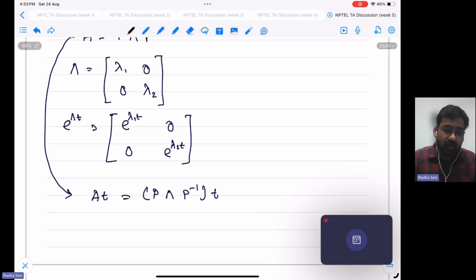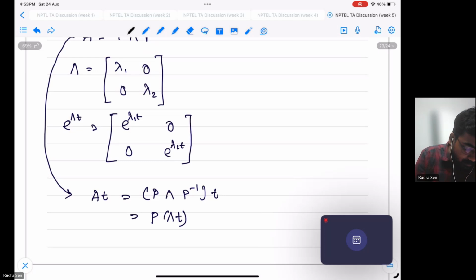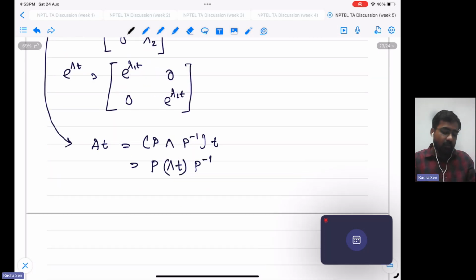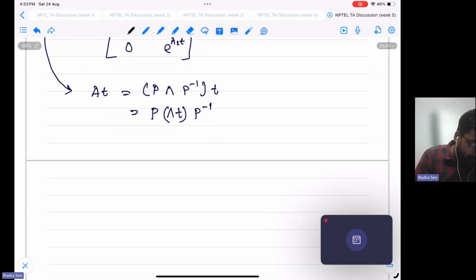Since t is a scalar, we can put it anywhere; it doesn't create any problem. We put it over here, lambda t. Now take the exponential on both sides. e to the power At is equal to e to the power P lambda t P inverse.